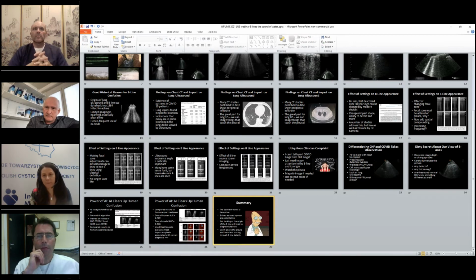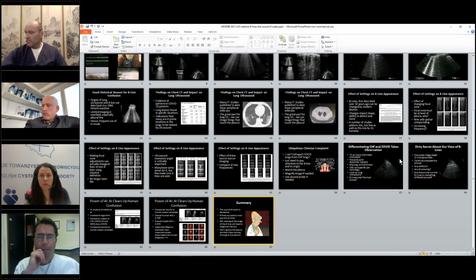Joanna, in children, do you also have the 12 zones, or is the chest of the children too small and they are reduced to a lower number? How is the situation? You know, in children, you can have in one hour a patient weighing 3 kilograms and a patient weighing 120 kilograms. So it's quite a big difference. But we do not use scores in everyday practice, I must admit.